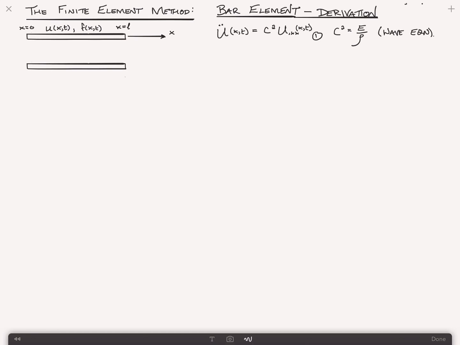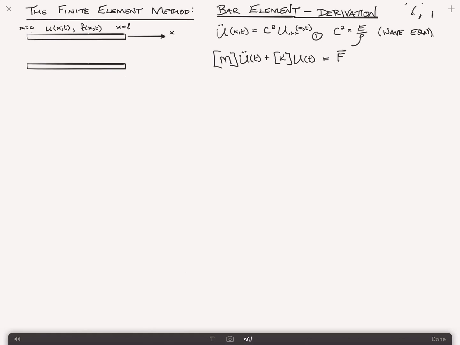Okay? And the idea is we would like to discretize this wave equation and convert it into an ordinary differential equation in the form of m u double dot of t plus k times u of t, where u are the nodal displacements, and that is equal to some function f of t.